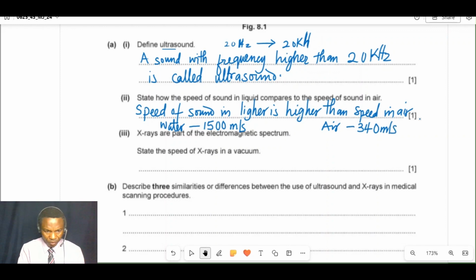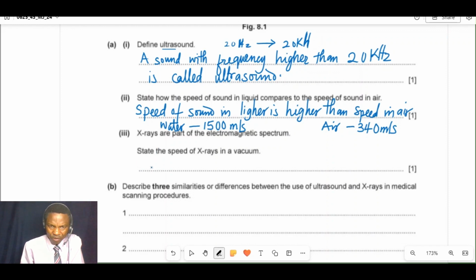Then, X-rays are part of the electromagnetic spectrum. State the speed of X-rays in a vacuum. X-ray is part of the electromagnetic spectrum, and all electromagnetic radiation travels with the speed of light.